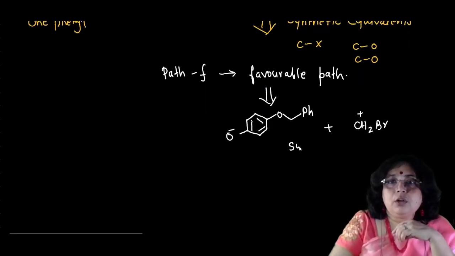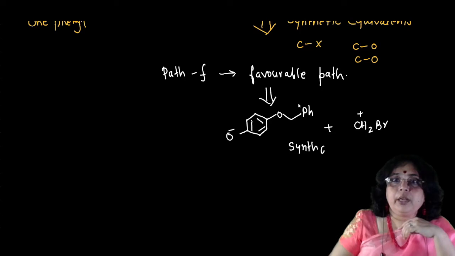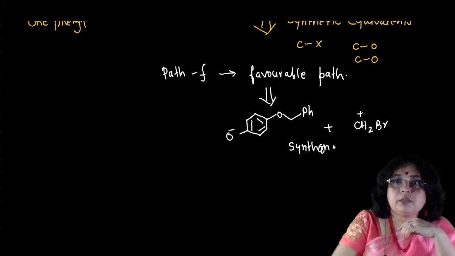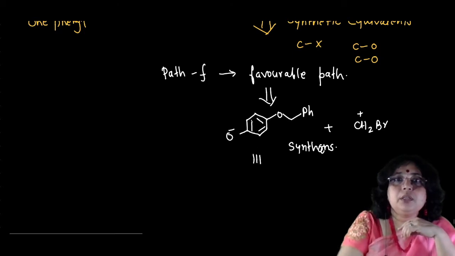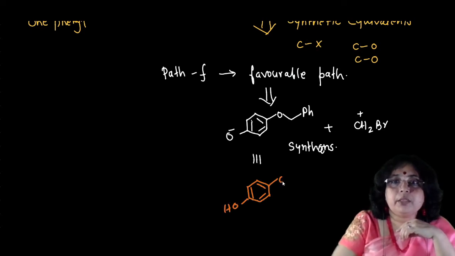Now these are the synthons. Now let us derive the synthetic equivalents. Just putting OH will give you a synthetic equivalent.